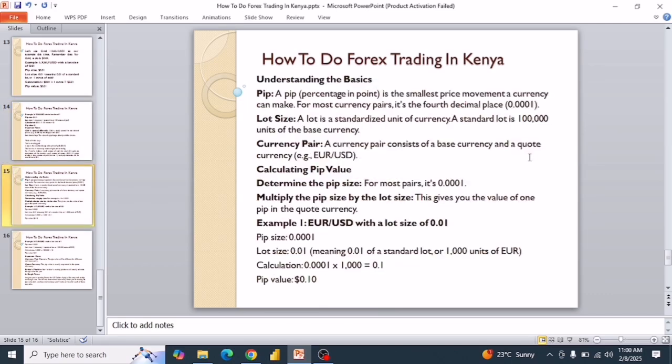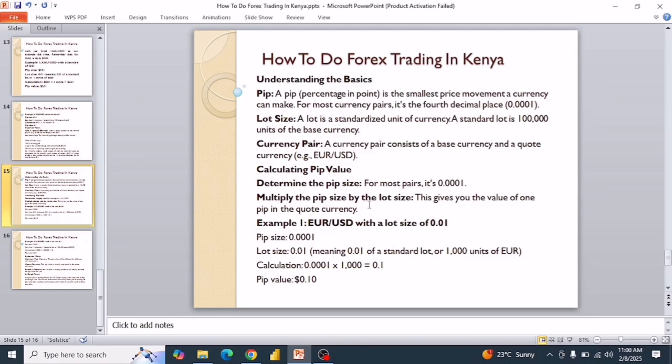Let's now go with an example of a currency when calculating the pip value. For example, if you are using a lot size of 0.01, that is 0.01 of the standard lot. That is 1,000 units because you multiply 0.01 times the standard, which is 100,000, and you will get 1,000.